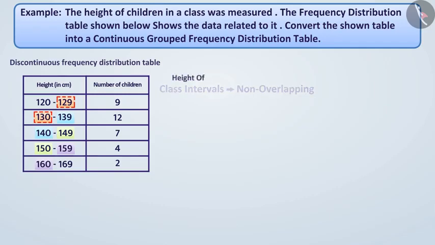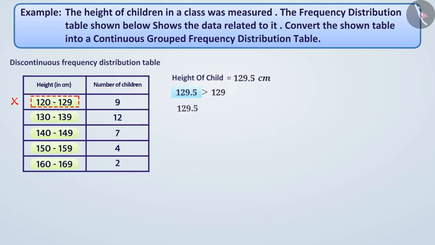Suppose the height of a child is 129.5 centimeter, then in which class interval will it be included in the table? Think. Let us tell. Since 129.5 is greater than 129, it cannot be included in the class interval 120 to 129.